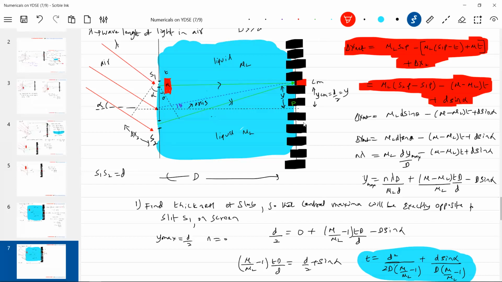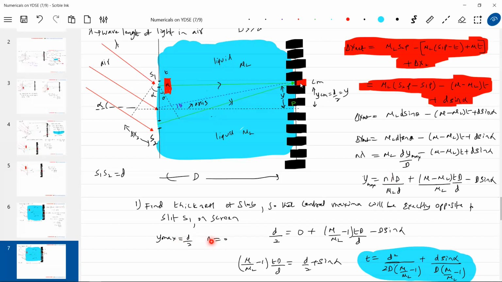Let's see, anybody, any doubts? Why n equal to 0? Because the order of interference of the central maxima should be n equal to 0. What is the path difference of the rays arriving at the central maxima?